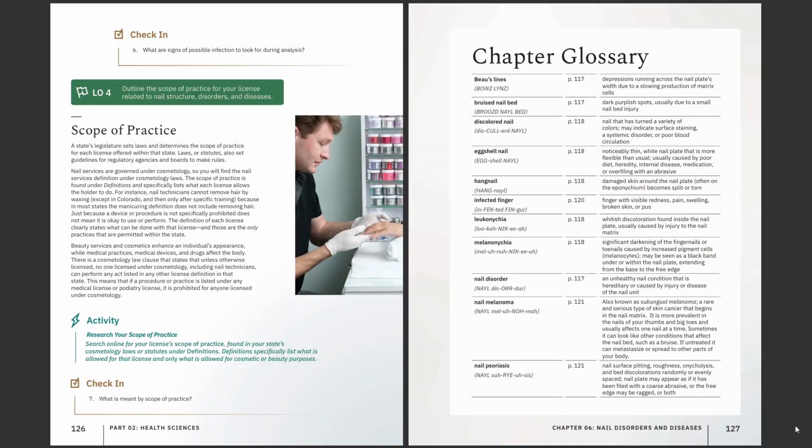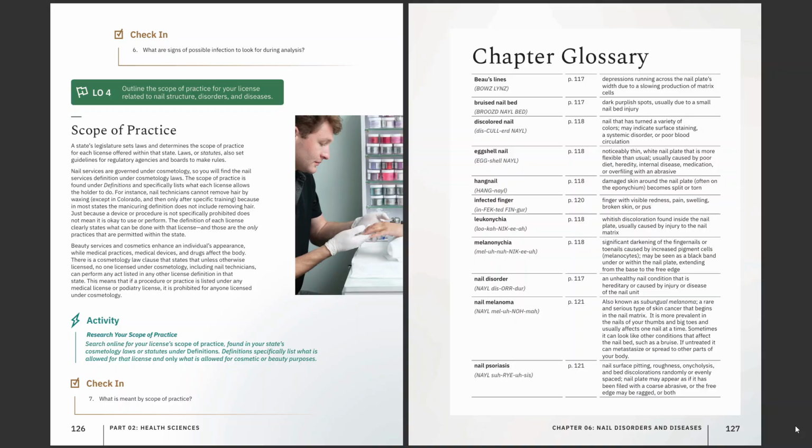Chapter Glossary. Beau's lines: depressions running across the nail plate due to a slowing production of matrix cells. Bruised nail bed: dark purplish spots, usually due to a small nail bed injury.